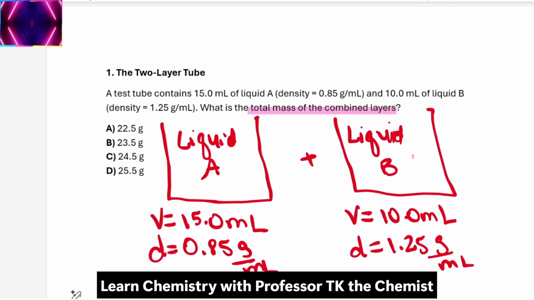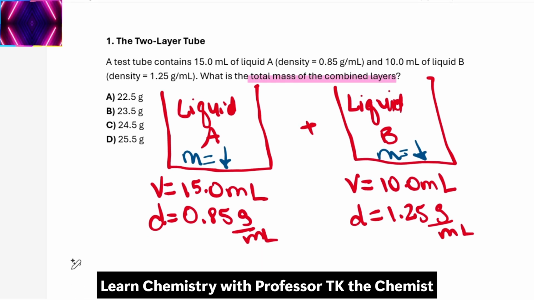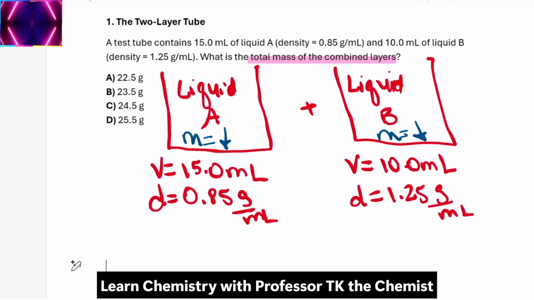So what you have to do in a problem like this, you have to calculate the mass of both of them, okay? You're going to calculate the mass of liquid A and the mass of liquid B. And again, to get that, you're just going to multiply the two numbers together, okay? So let me go ahead and scroll down a little bit so you all can see this right here.